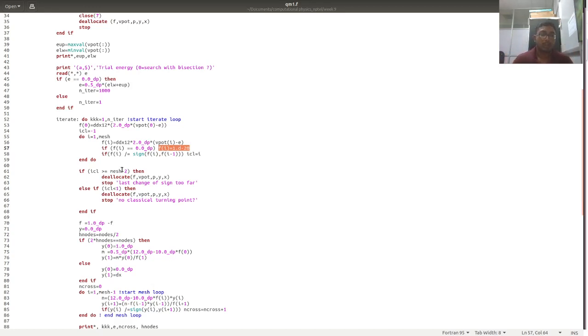You see that this line is very much essential for this bisection method. You have an array of values of f which will be calculated in this way, and I am also assigning the value of fi to be 10 to the minus 20 if somehow at a certain point f will be 0.